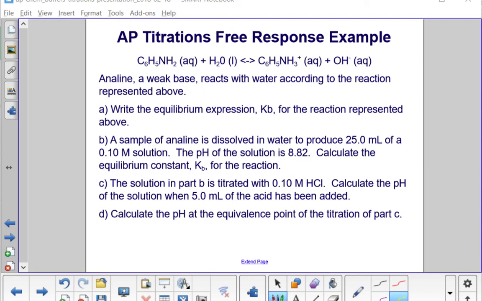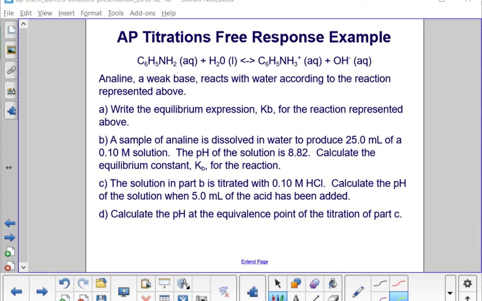All right, here at the end of this chapter, let's go through an AP titration free response example. Aniline, a weak base, reacts with water according to the reaction represented above, where aniline plus water produces C6H5NH3+ and hydroxide ion.